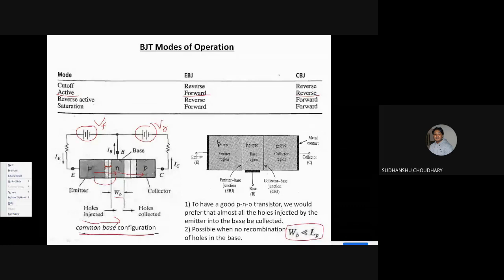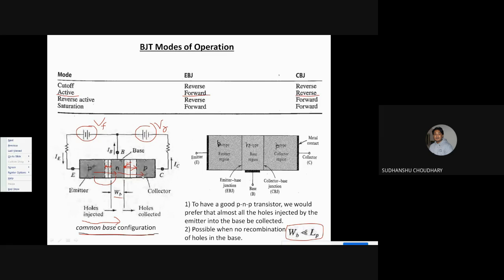So the holes which are emitted from the emitter come into the base, and this junction is reverse biased, so the electric field is high in this reverse bias junction. The holes which have come into the base region come near this depletion region, and because of this electric field, they will be swept away into the collector region.